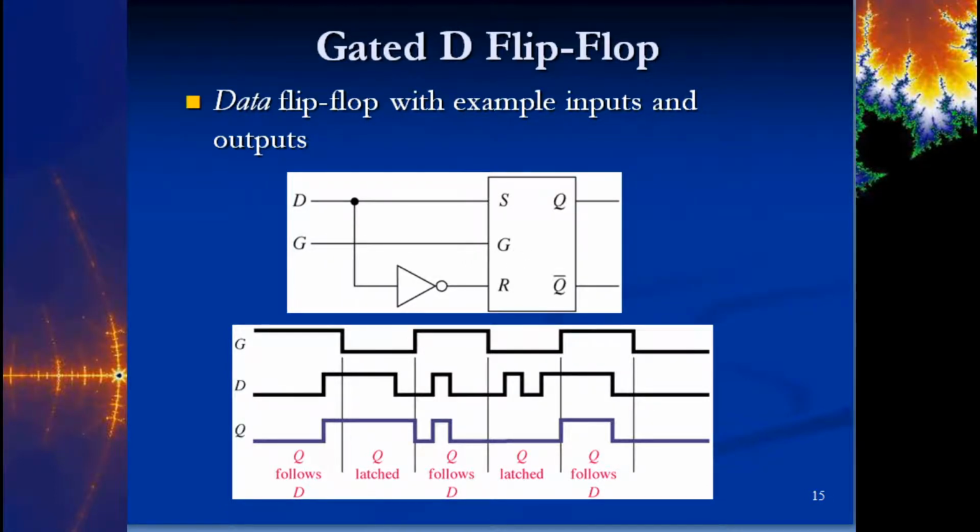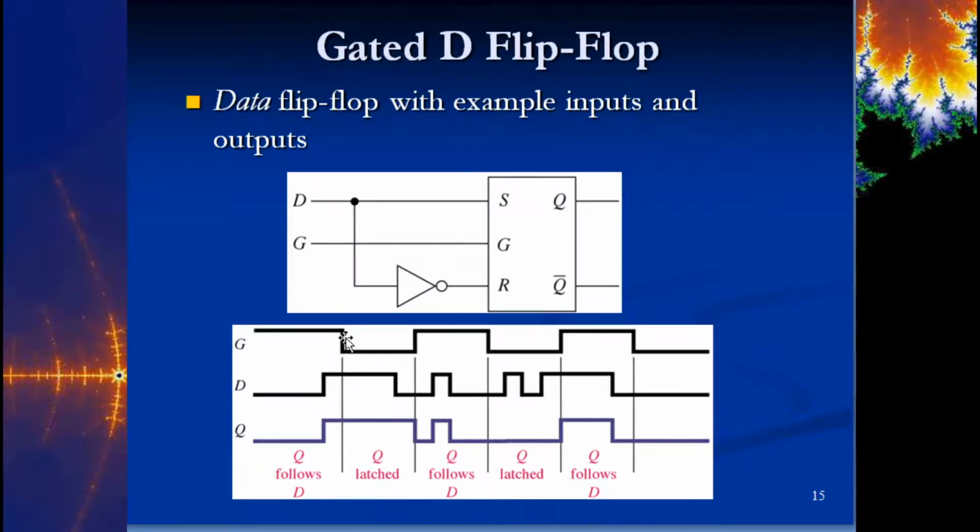So let's look at this. If I give you G and D, you should be able to give me the Q. Let's walk through this. Initially, the gate is high, so this thing is enabled, and Q follows D. You see the Q output here mimics exactly what happens on that D input. It's essentially passing it through. Then we go into a latched condition.